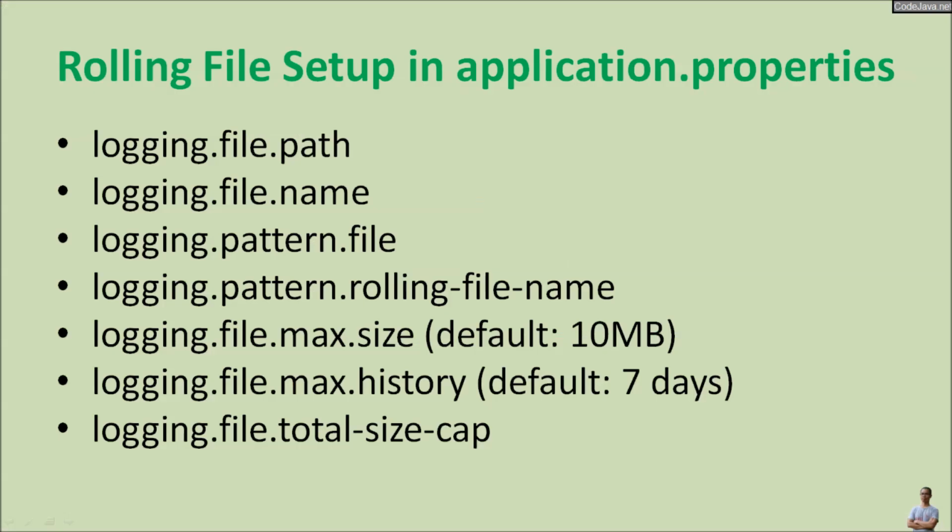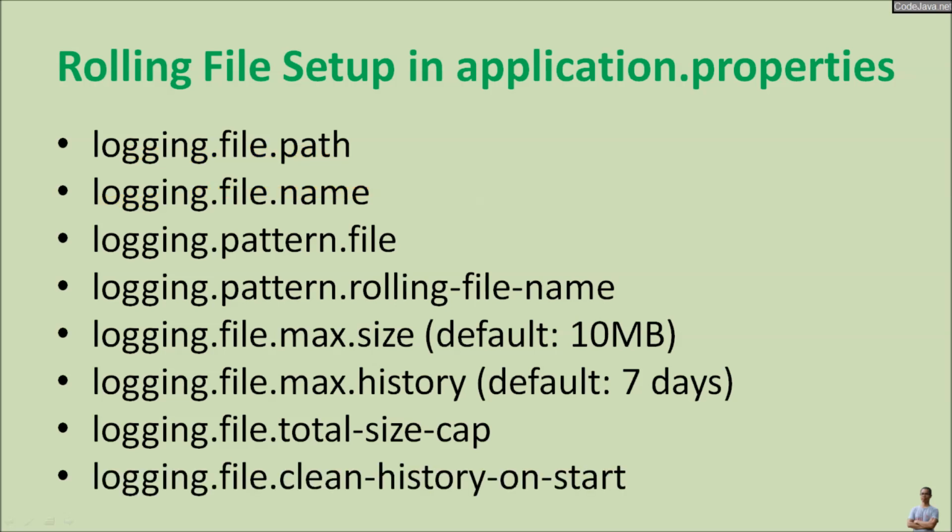So we can use either logging.file.path or logging.file.name. We cannot use both of these properties. When we want to use the default file name provided by Spring Boot, we use logging.file.path. Or when we want to use our own logging file name, we must use the property logging.file.name.